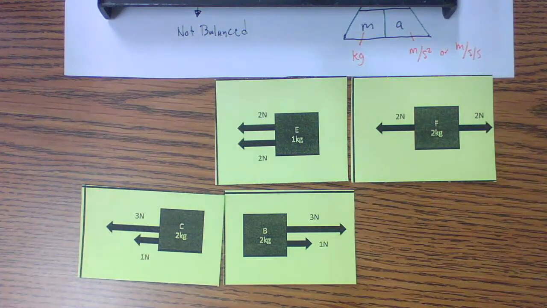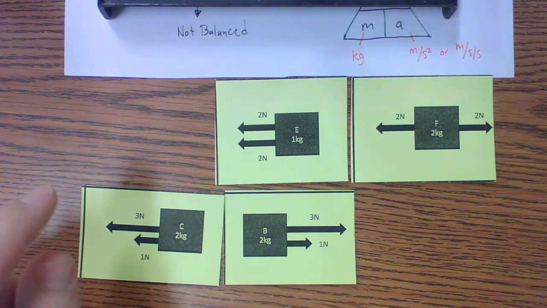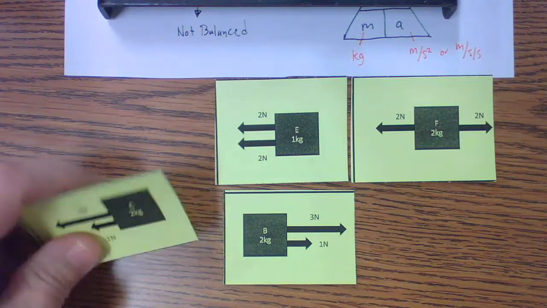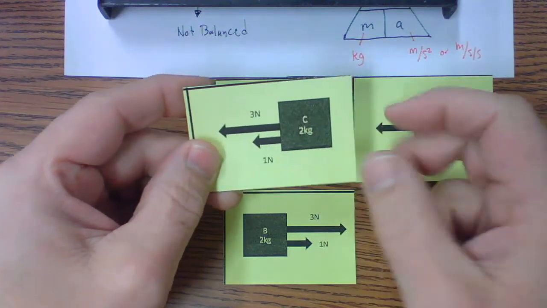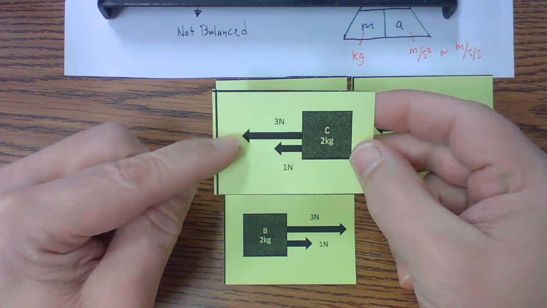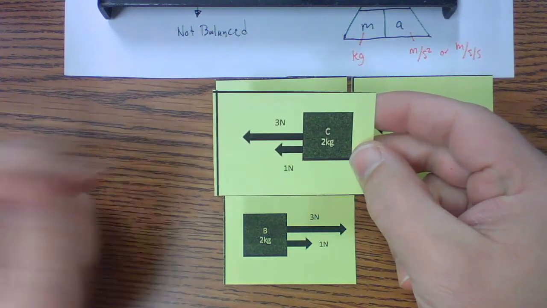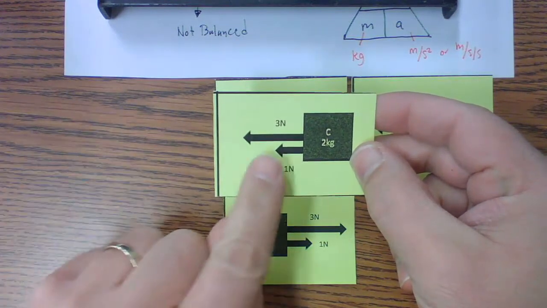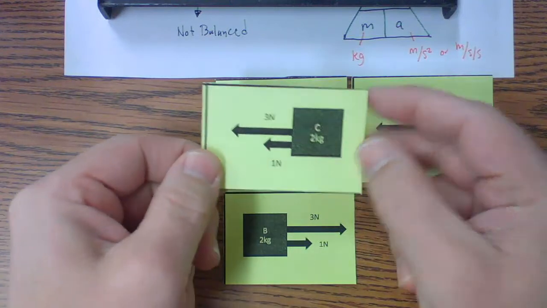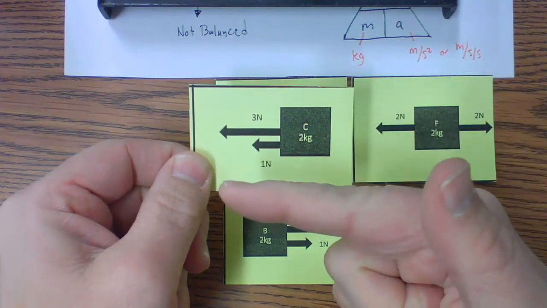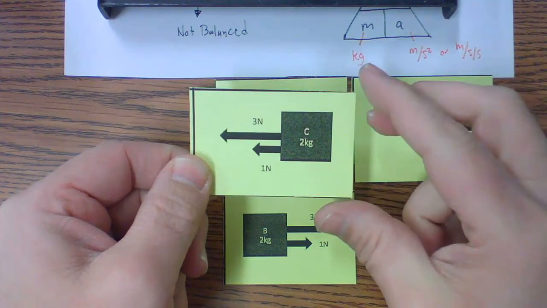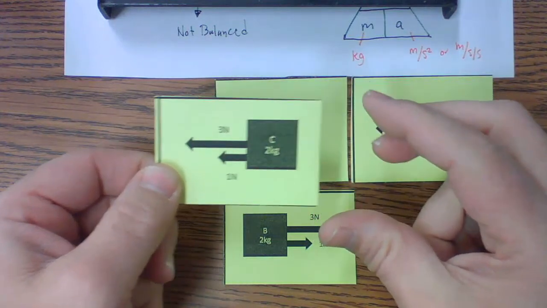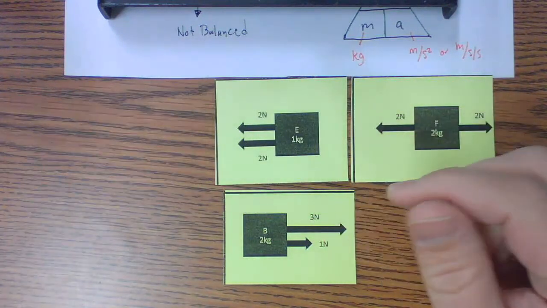Now let's see what else we got. Okay, I see that here's one with arrows going both this way. So we've got 3 newtons going this way, we've got 1 newton going this way, so really this is going to be 4 newtons in the negative direction. So that's going to give us acceleration this way.